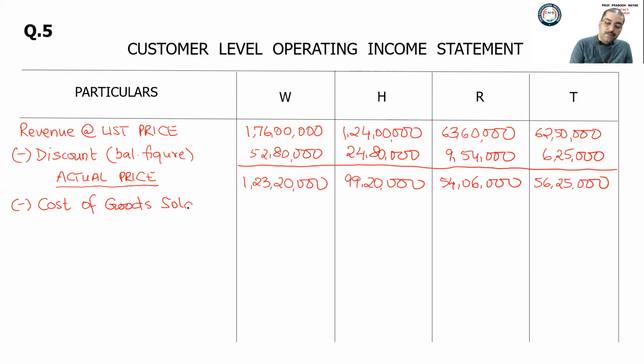Cost of goods sold at the rate of 550 each. That is the cost given to you. So 550 into 400 into 44 is 96 lakh 80,000. I suppose you are understanding my calculations, from where I am getting the figures.